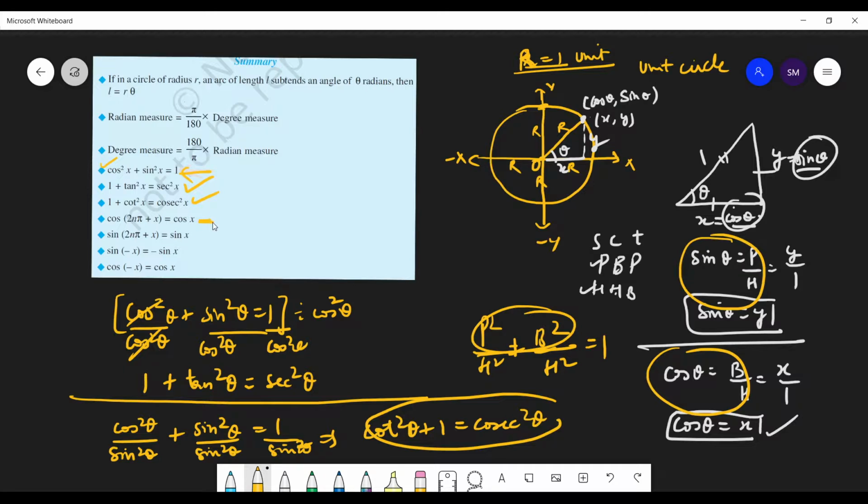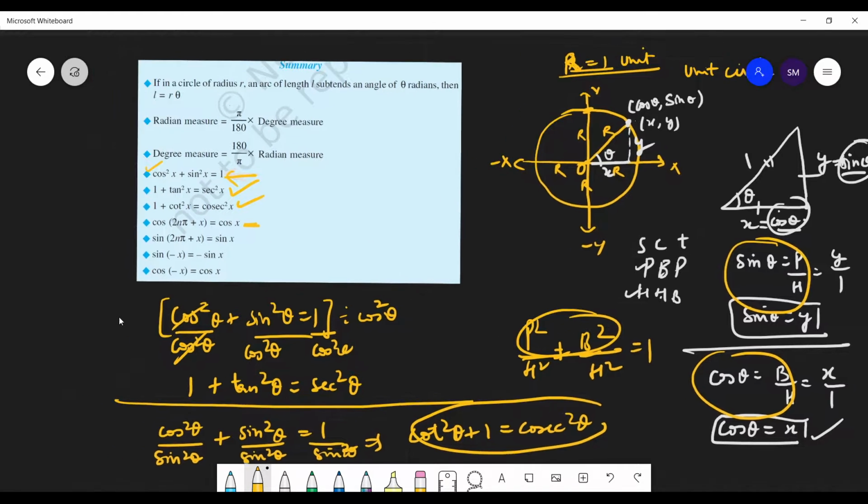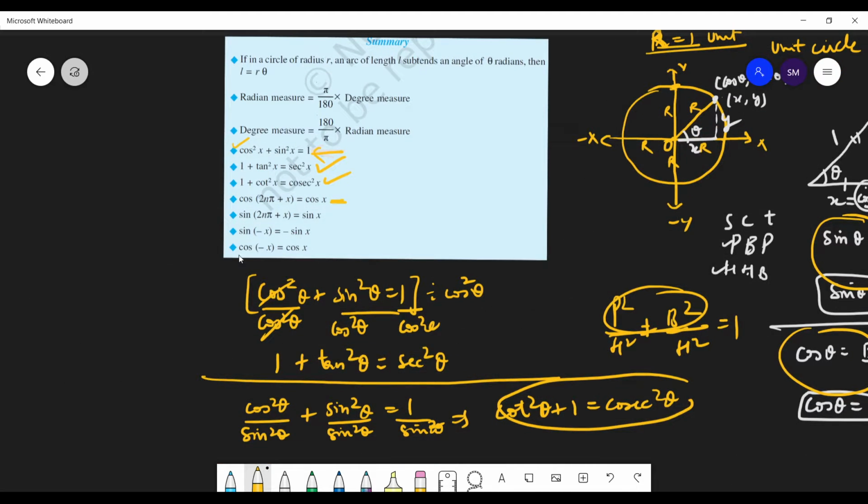What about these formulas? See, this is our initial arm, and now we rotate this arm. So this is the initial position, this is the final position. We also call the final position the terminal, so this is the terminal arm.